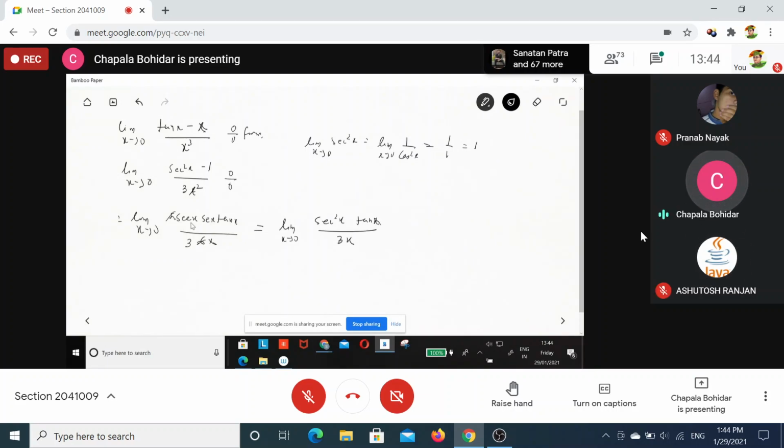I can write this as tan x by x, limit x tends to 0, sec square x, and also I'm taking 1 by 3 outside, limit x tends to 0, tan x by x. Yes, ma'am. It will tend to 1, this one.